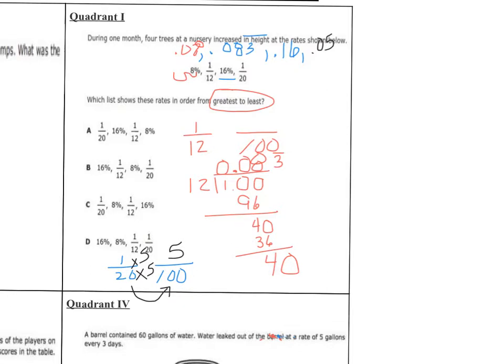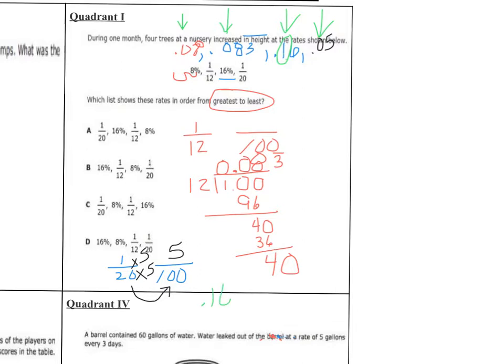Now I've got my 4 decimals, and I'm going to find the biggest number. So when I look for the biggest number, I'm going to be focused on the 10th place. In every 10th place except for this one, I have 0. 0.16 means it's the biggest of the list.